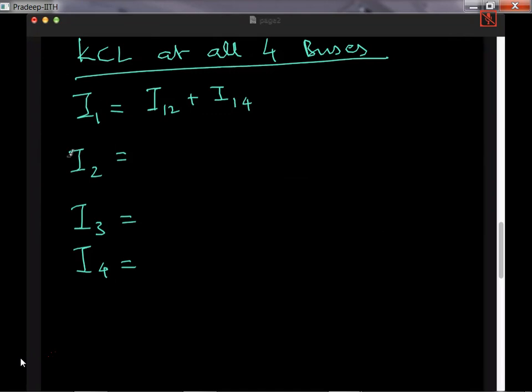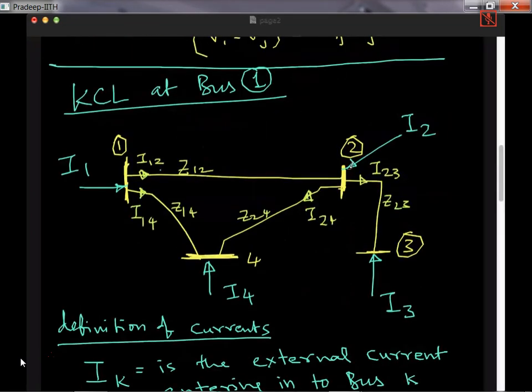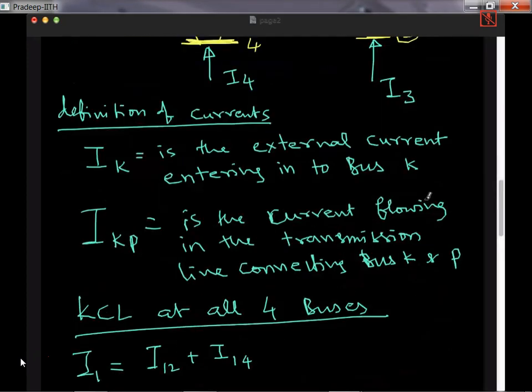What is I2? So net current injected into bus 2. You should be careful now. I12 is coming into the bus, so it will have a positive sign, or on the right side it will have a negative sign. So outgoing currents I will consider as positive. Or to avoid confusion, let me do it like this.